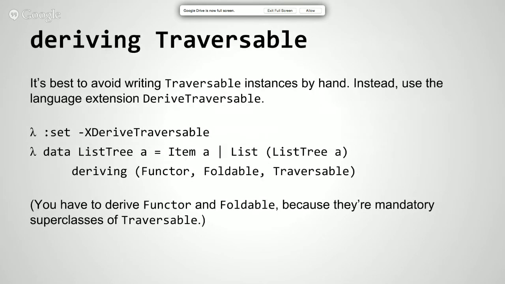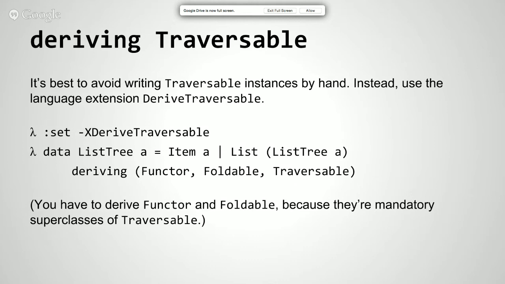In any case, you generally don't want to write Traversable instances by hand. What you want to do instead is use a language extension called DeriveTraversable, which adds Traversable to the list of things that can be auto-derived. You also have to derive Functor and Foldable because those are mandatory superclasses.